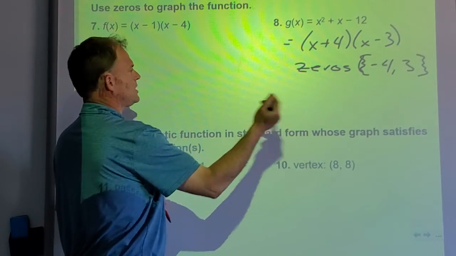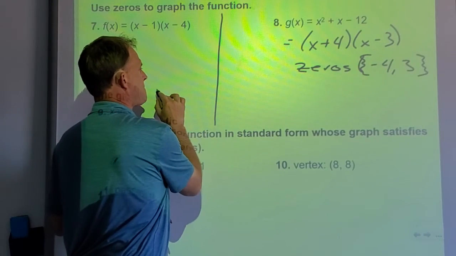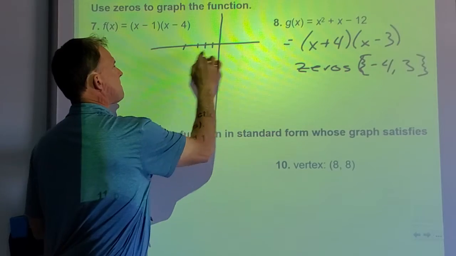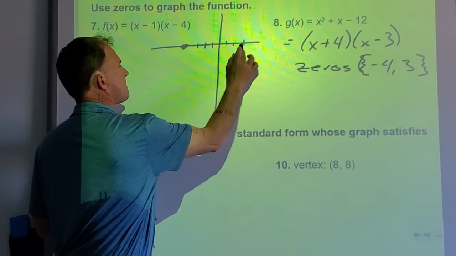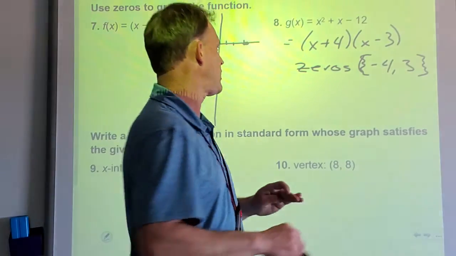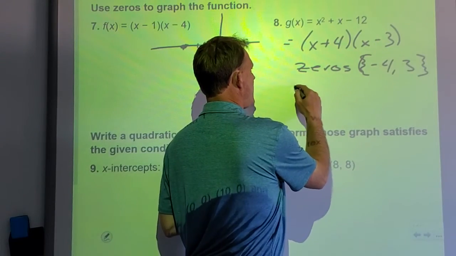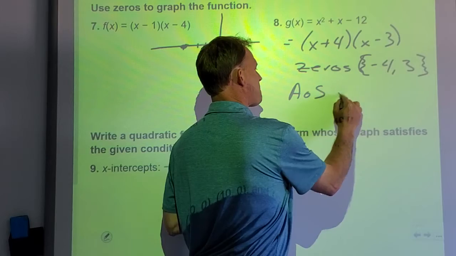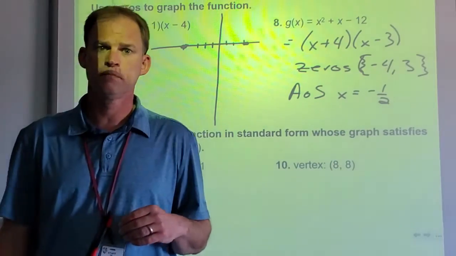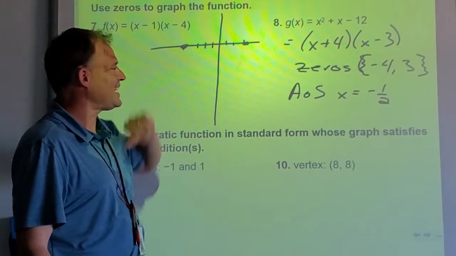So I add those together and divide by 2. So that's negative 1 divided by 2. So my axis of symmetry is negative 1/2. Plug it back in.